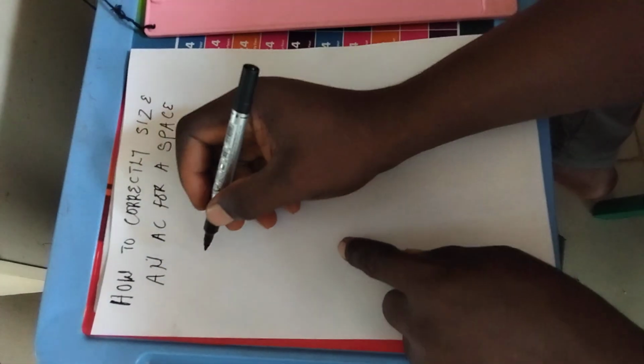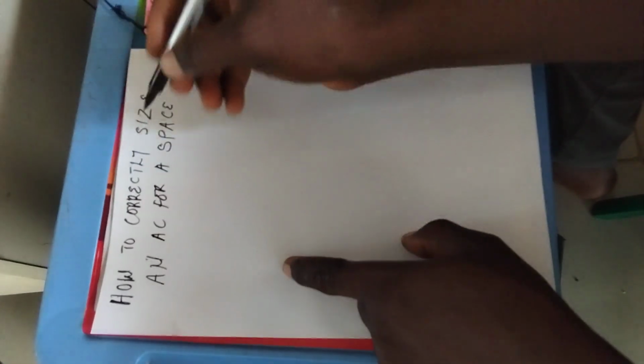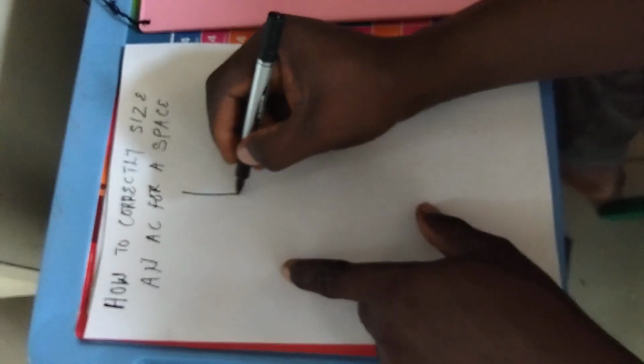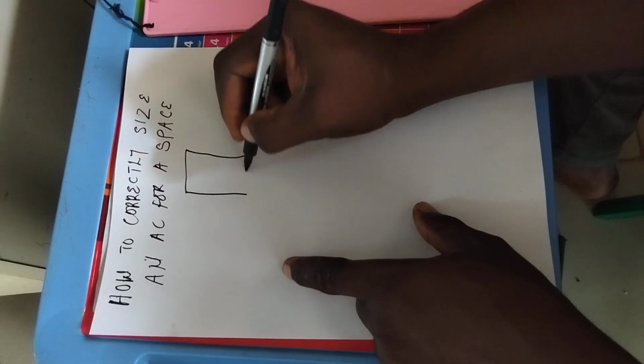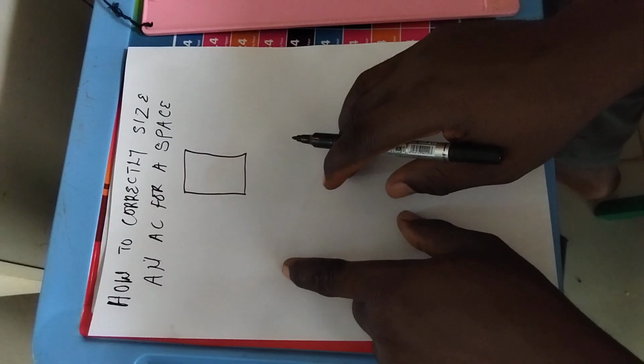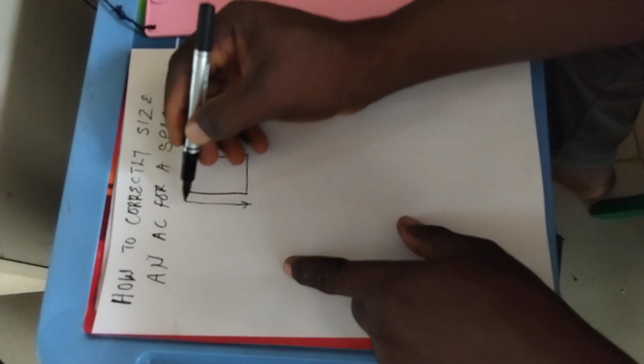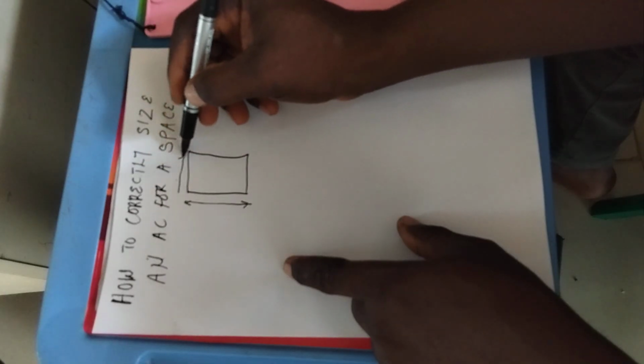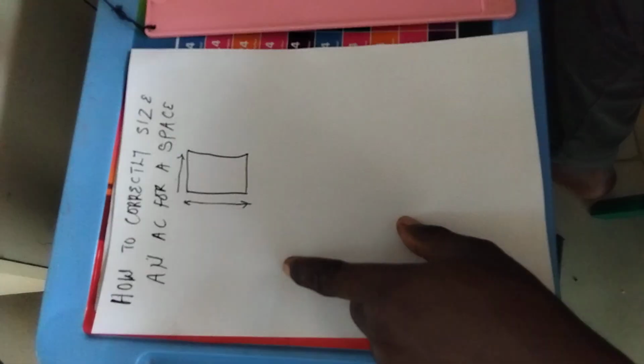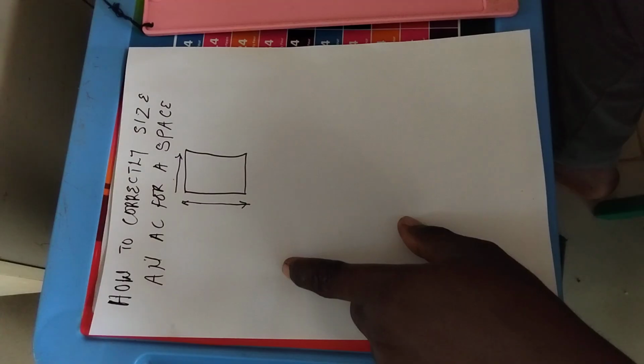Now, what you need to put into consideration is the area of that place. How do you calculate your area? If this happens to be a room, then the room has this length and this width, understand? With this, you'll be able to calculate the area of the space.